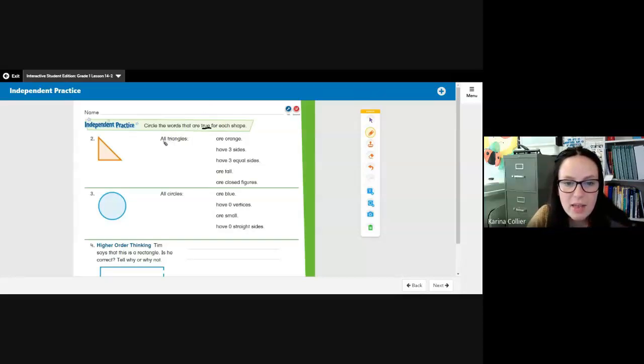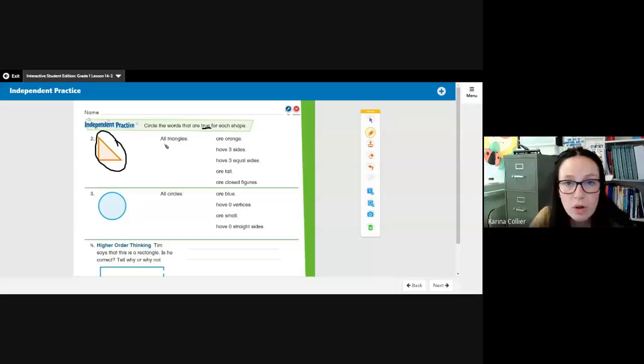So this is saying that all triangles are orange, have 3 sides, have 3 equal sides, are tall, are closed figures. So it's talking about this triangle right over here. So it wants you to circle the words that are true for each shape.